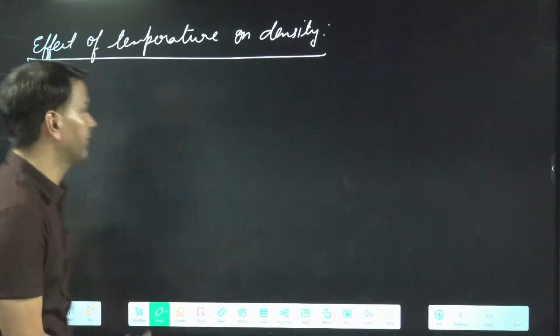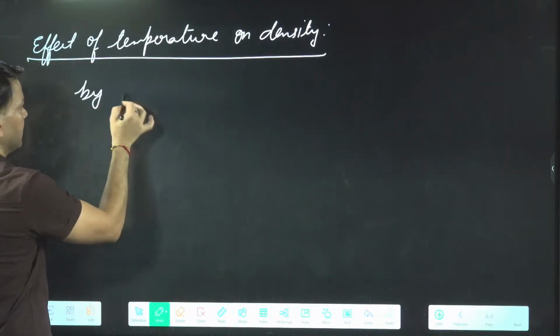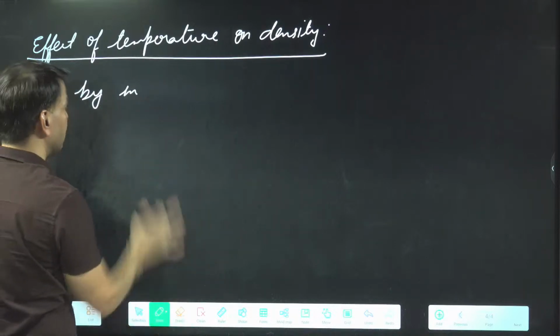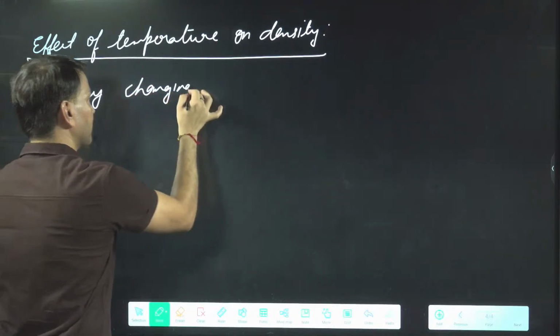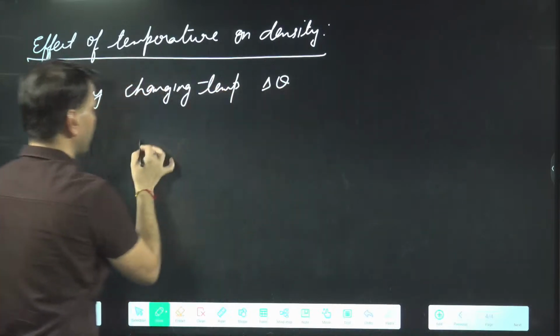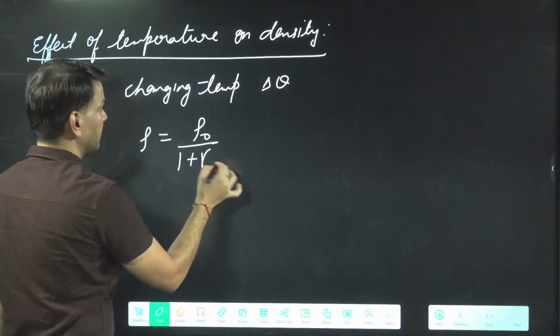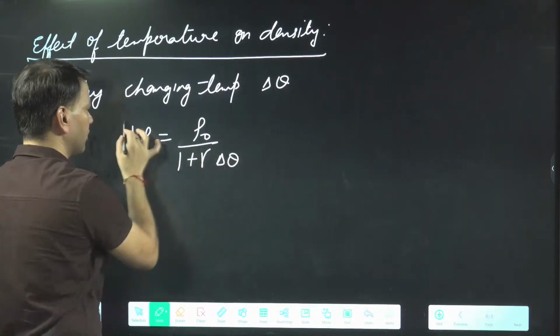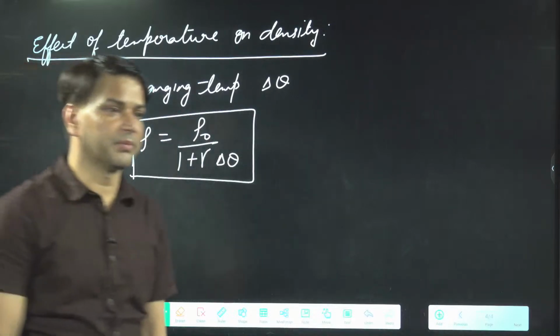So the same formula here we can write for density: by changing the temperature by delta theta, rho is equal to rho naught upon 1 plus gamma delta theta. Rho naught was the initial density. Rho was the density after changing the temperature by delta theta.